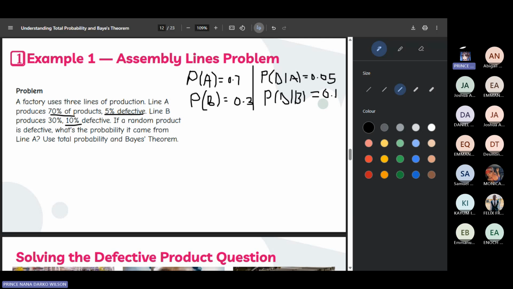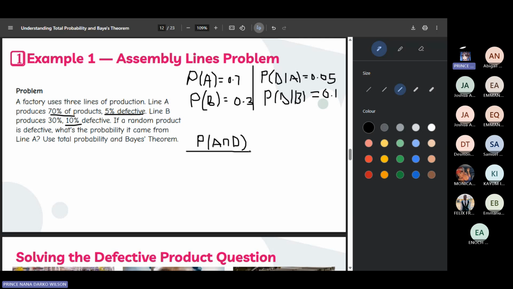Good. Now, in order to find the probability that a product came from line A given that it is defective, we go to Bayes' theorem, which says we need the probability of it being defective and coming from A, in other words, A intersection D, all over the probability of picking a defective product.